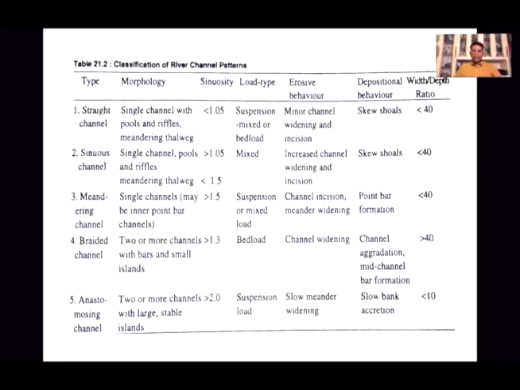I think the basic, just listen to me, all of you. Do not get into too much technical detail. The exact values, avoid all of that. We want a simple answer. What is the concept of Sinuosity Index and how does that impact the type of channels? That's all. How does that impact the channel patterns?